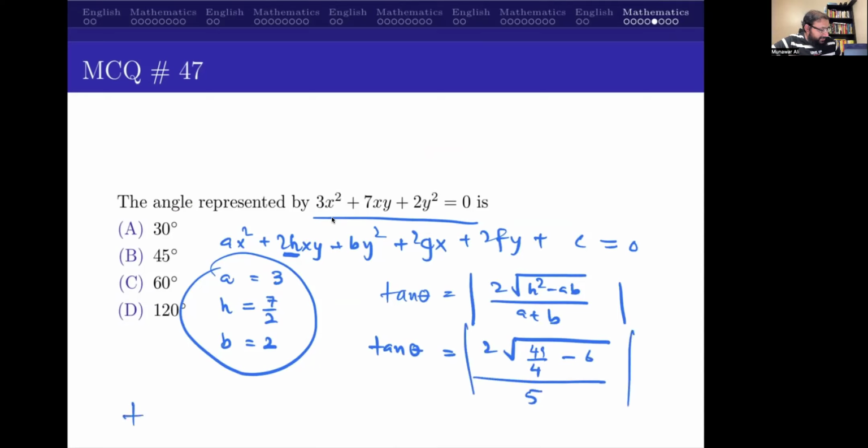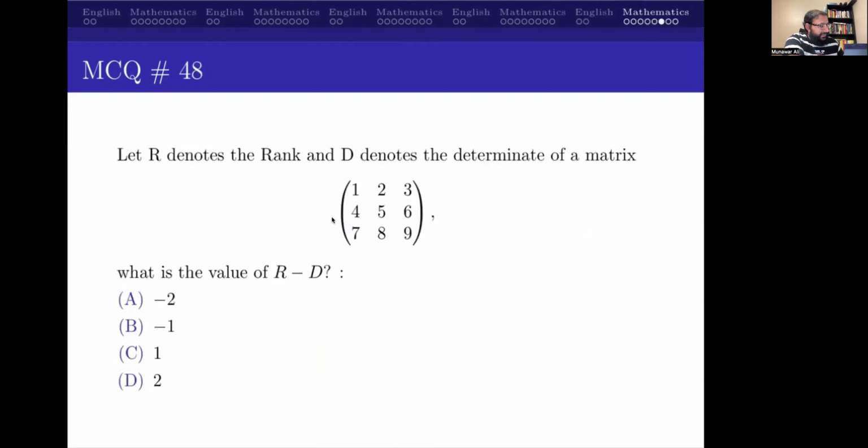Absolute value. So this is going to be 25 divided by 4, so it's like 5 divided by 2 divided by 5. So 5 divided by 5, 1. So tan theta is equal to 1. Obviously, theta is going to be 45 degrees. So the correct option is B. So you have some comparison, find the corresponding coefficients, apply the formula, and you're good to go.